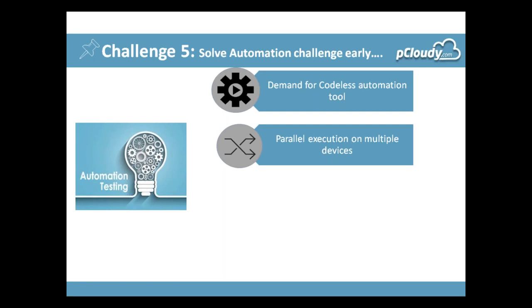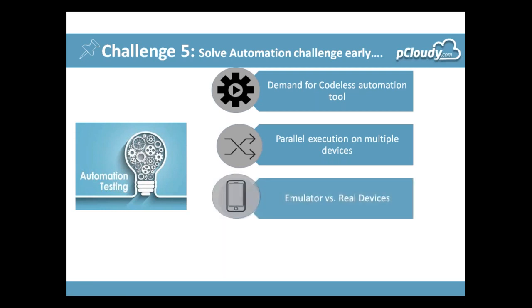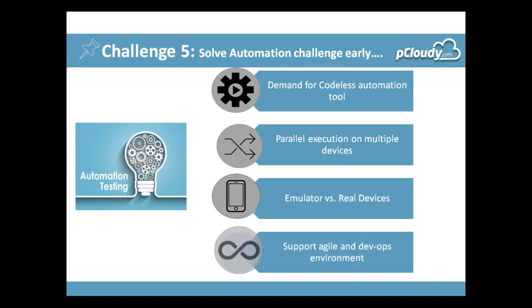What kind of parallel execution are you looking at? How many parallel threads will you be executing? Will the execution be on emulators or on real devices? And how does it work in your agile and DevOps environment? Because most mobile app projects are following DevOps methodologies these days.